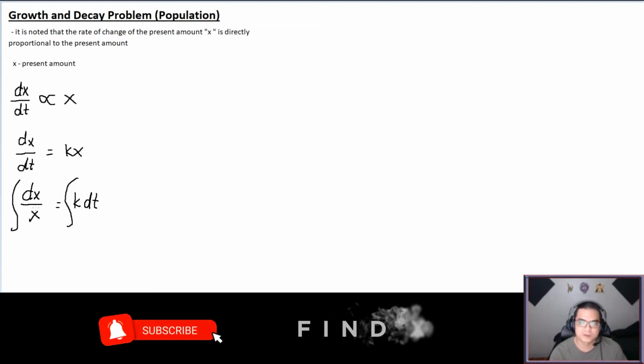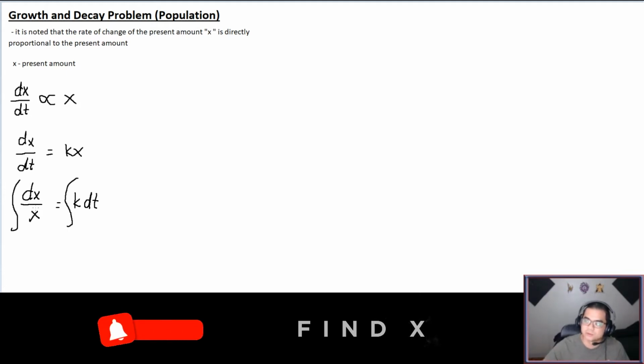Let's say the bacteria count now is only 100. Then the question is, when will it be 1,000 bacteria? That is a sample problem that can be solved with this formula. The initial amount of bacteria will be 100 and the final amount is 1,000.